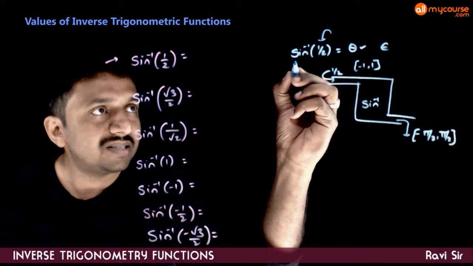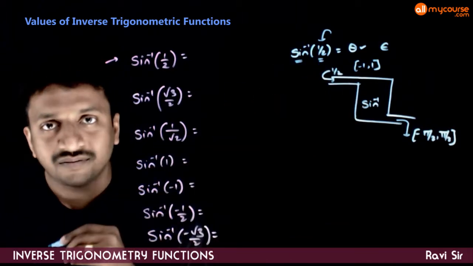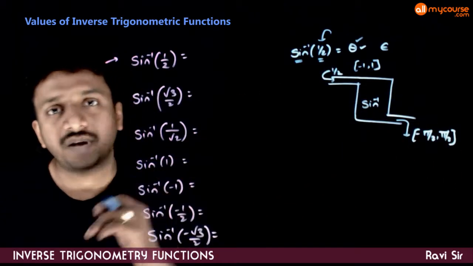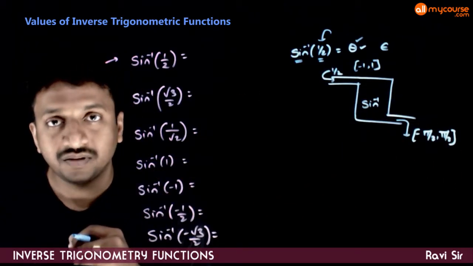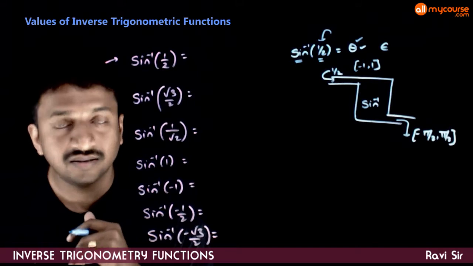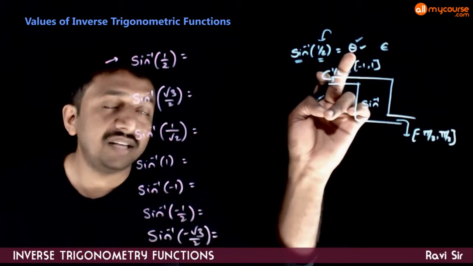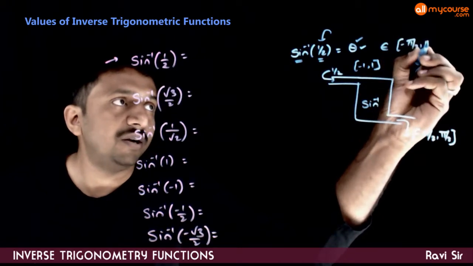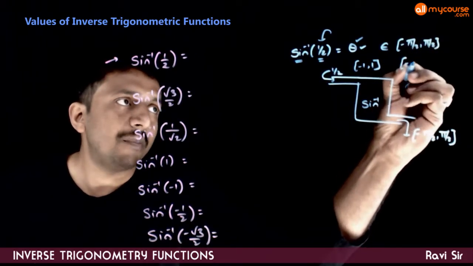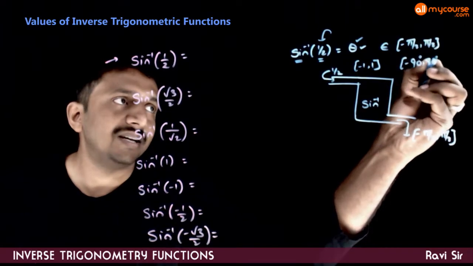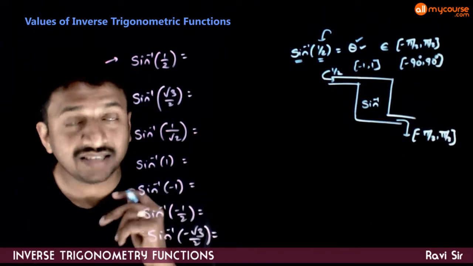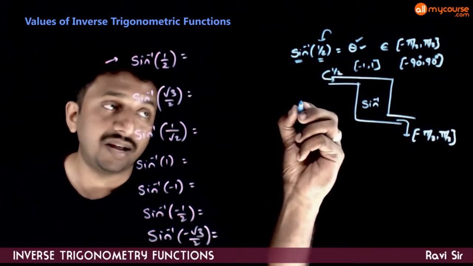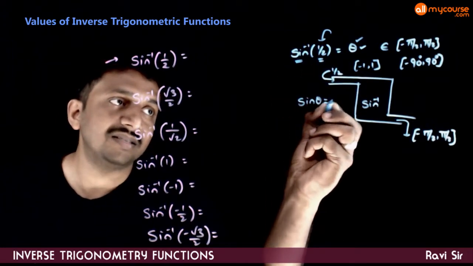That means for sine inverse of whatever number you have, you always get an answer in between minus pi by 2 to pi by 2. So now, once you understand this, sine inverse of half is an angle which belongs to minus pi by 2 to pi by 2, that is minus 90 degrees to plus 90 degrees, such that sine theta is equal to half.